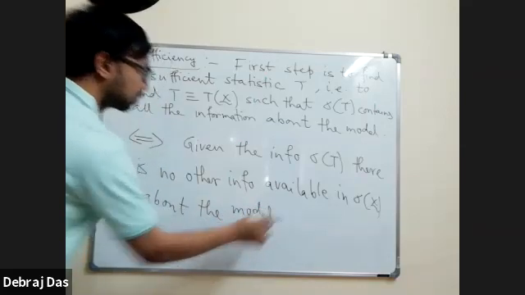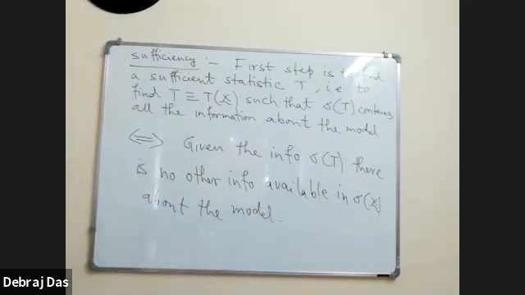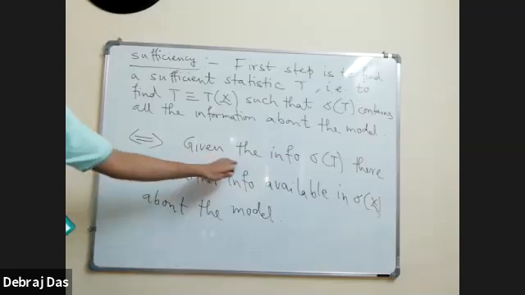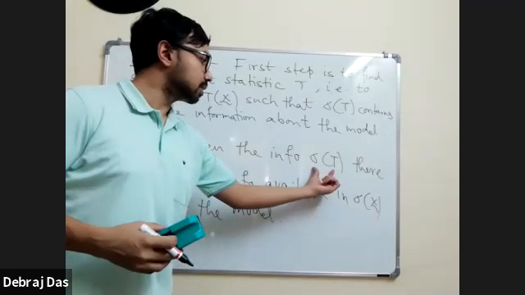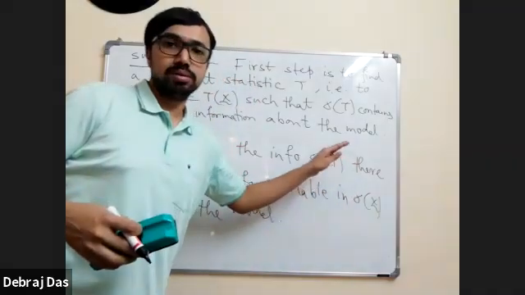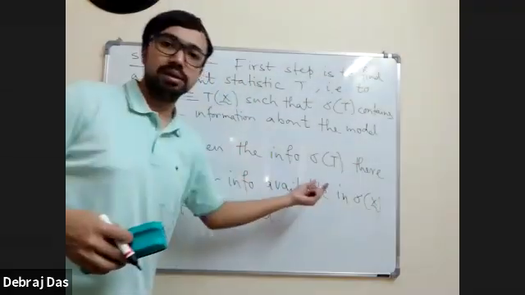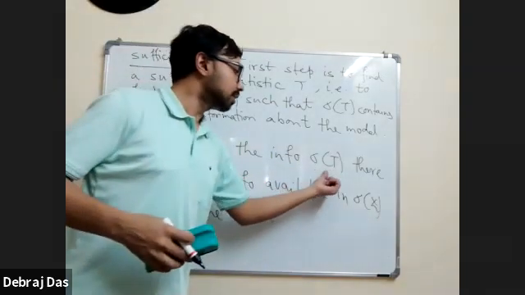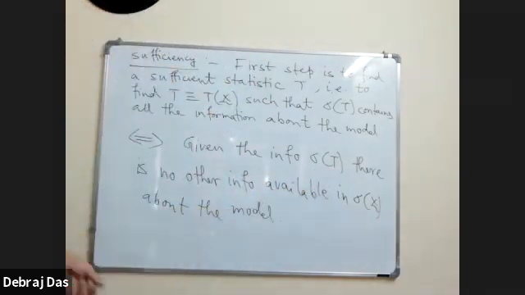Whenever you have the information about this sigma T, you do not actually need this sigma X curl anymore. It's enough to have this sigma T, or it is enough to know this T.